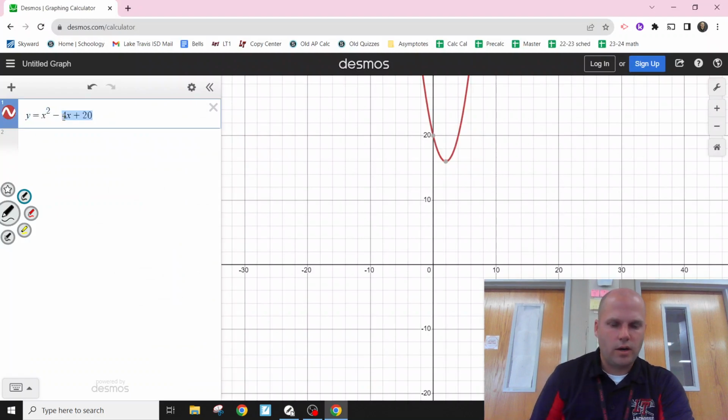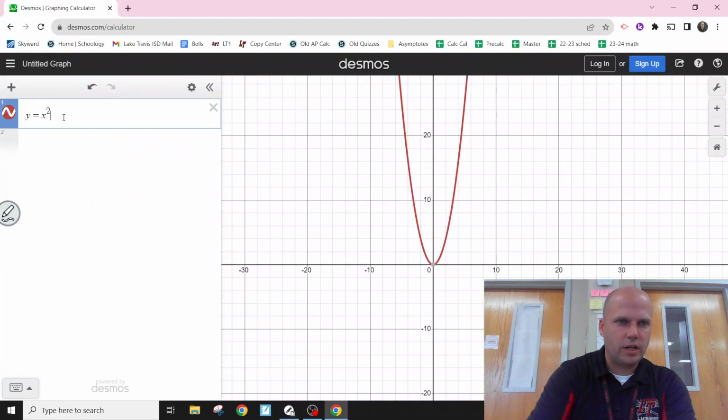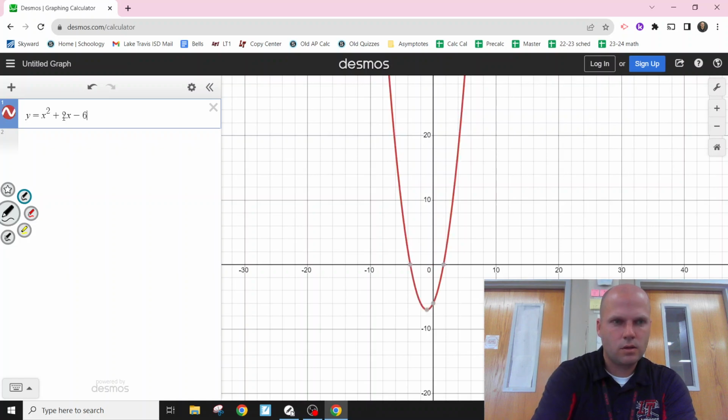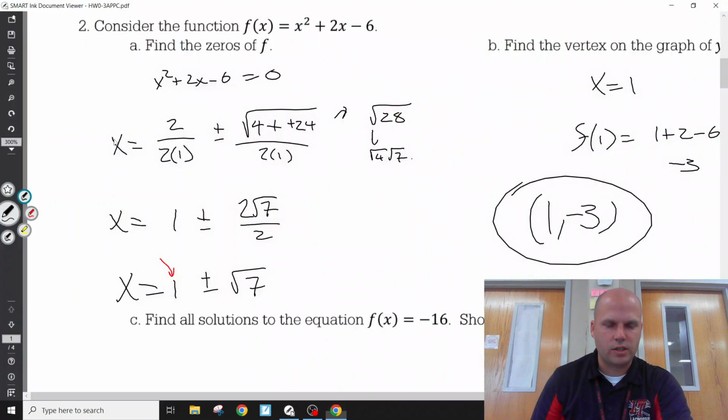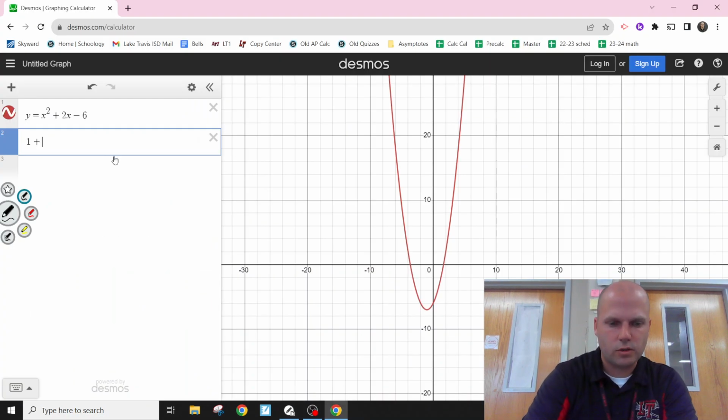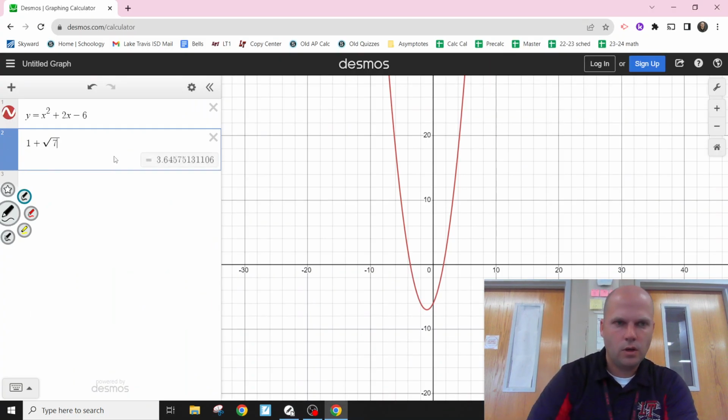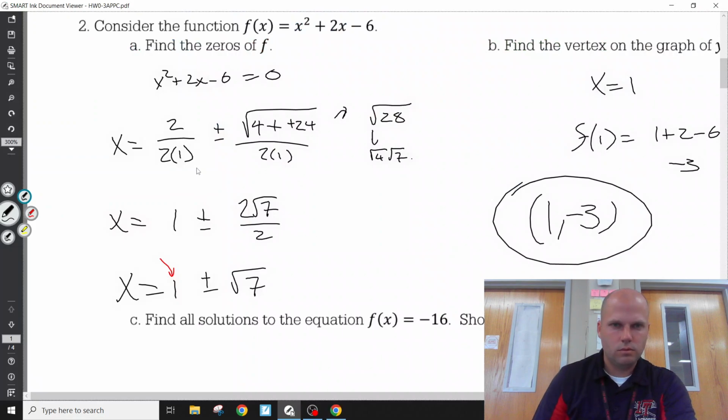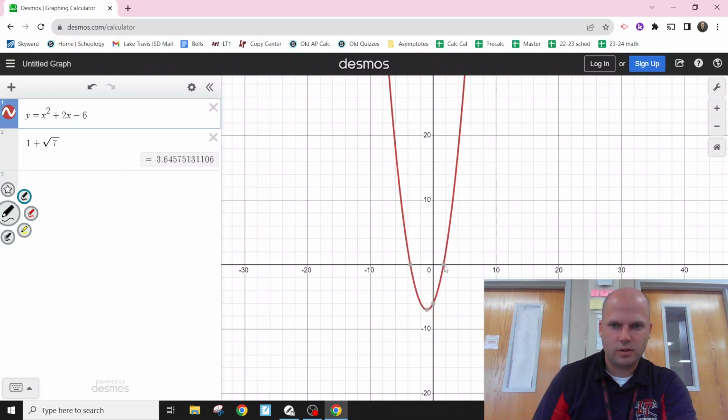And then x squared plus 2x minus 6. Boom, 1.646. And if I did 1 plus root 7, I get 1 point... Uh-oh. So this is why we check this.